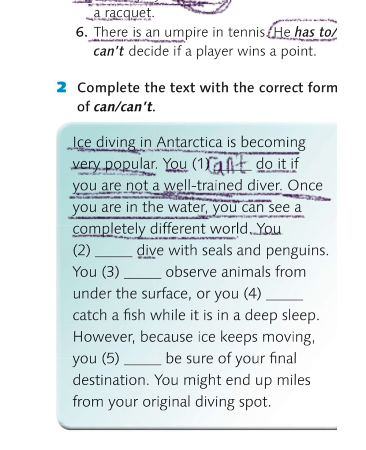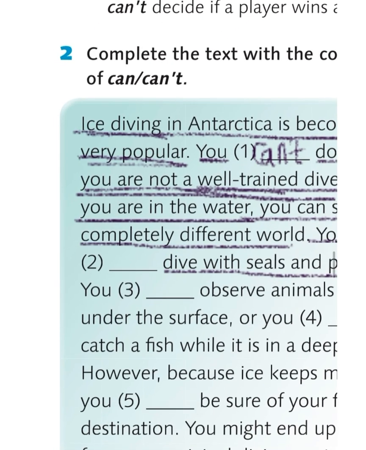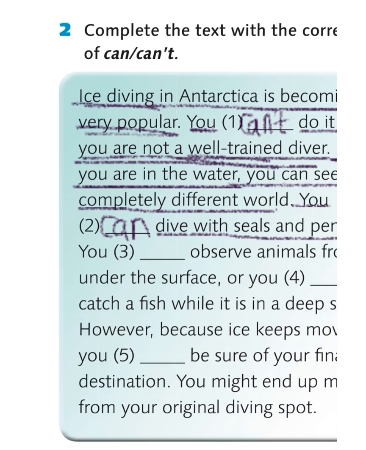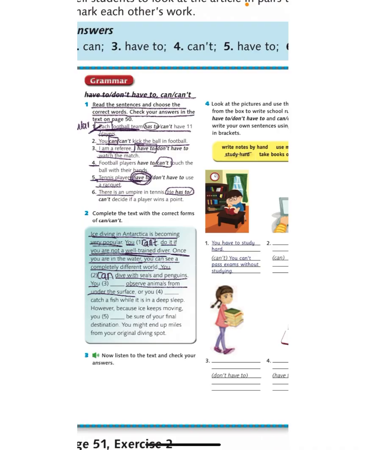You dive with seals and penguins يعني يمكنك أن تغوص مع الفقمات seals and penguins هم البطاريق. So you can, number 2, you can: something you are allowed to do، أنت مسموح لك تعمله if you like. طبعا as you like. Number 2 you can dive with seals and penguins.